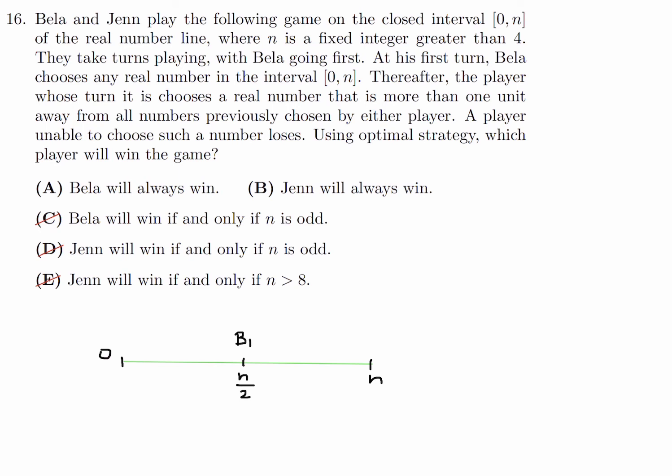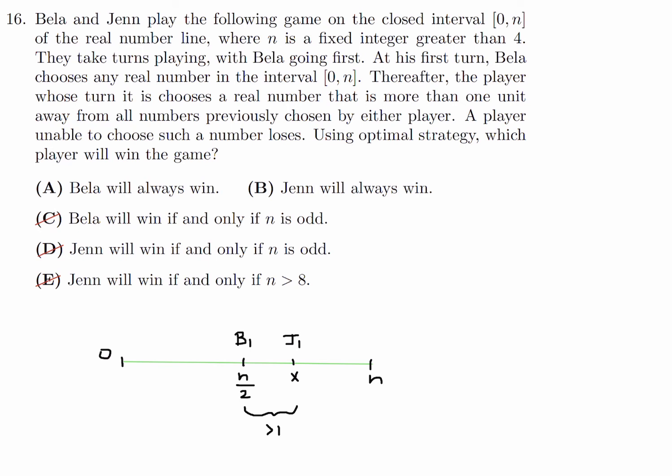So that's where he chooses the first number. And then the next one, of course, is Jen. And Jen will choose somewhere, we don't know where. So here's Jen, and let's just say that is a number x. And one thing we know for sure is that this interval right here has to be greater than 1 according to the rules of the question.